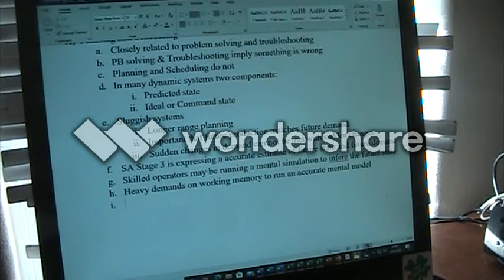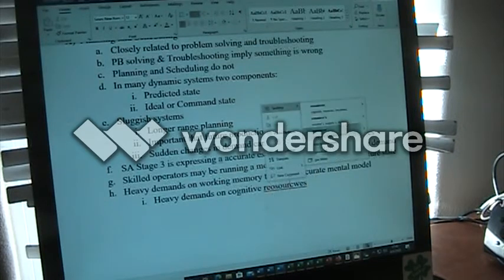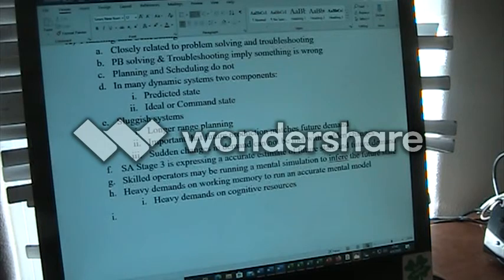Right, so that implies heavy demands on the cognitive resources. Oh, worst spelling of resources ever. All right.